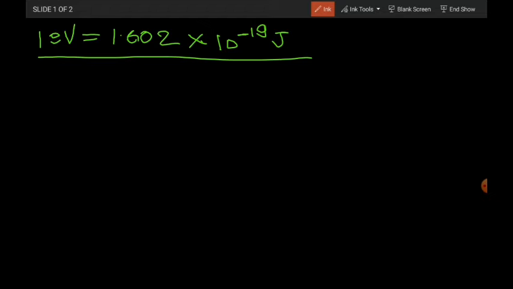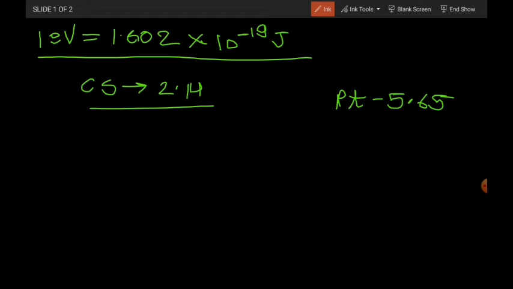Now if we talk about the work function of various metals, cesium has the lowest work function, about 2.14, and platinum has the highest work function.